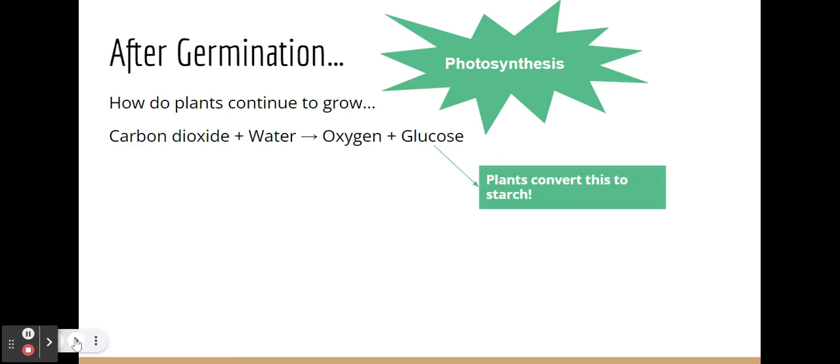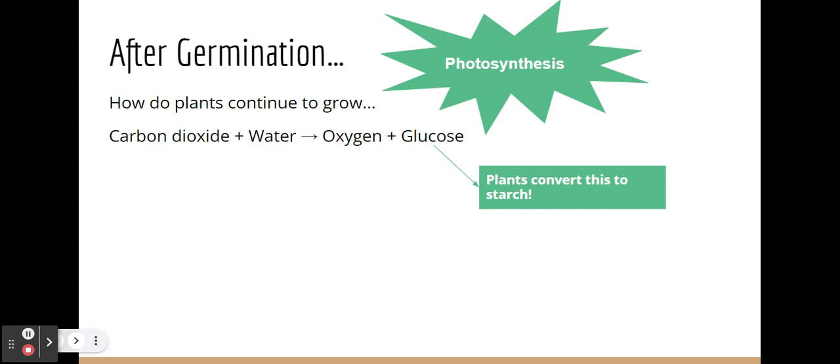So what happens after germination then? Photosynthesis is going to happen, and this is how plants continue to grow. We can summarize photosynthesis in the equation: carbon dioxide plus water makes glucose and oxygen. The glucose is converted by the plant into starch, which creates that food store that we talked about earlier.